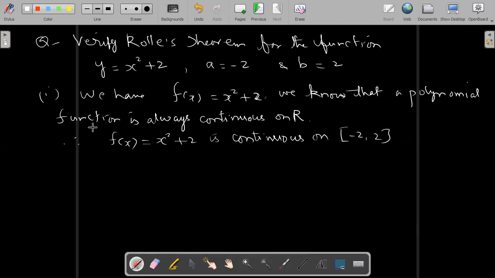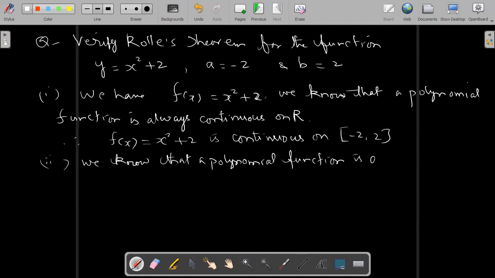Here the interval is already given. Similarly, we know that a polynomial function is differentiable on the real numbers.